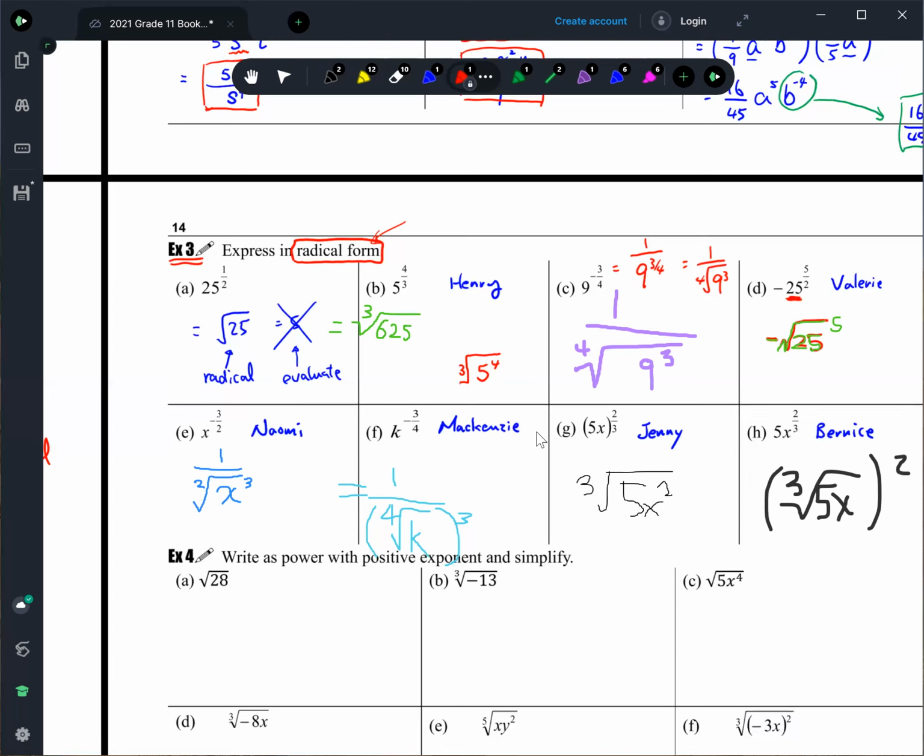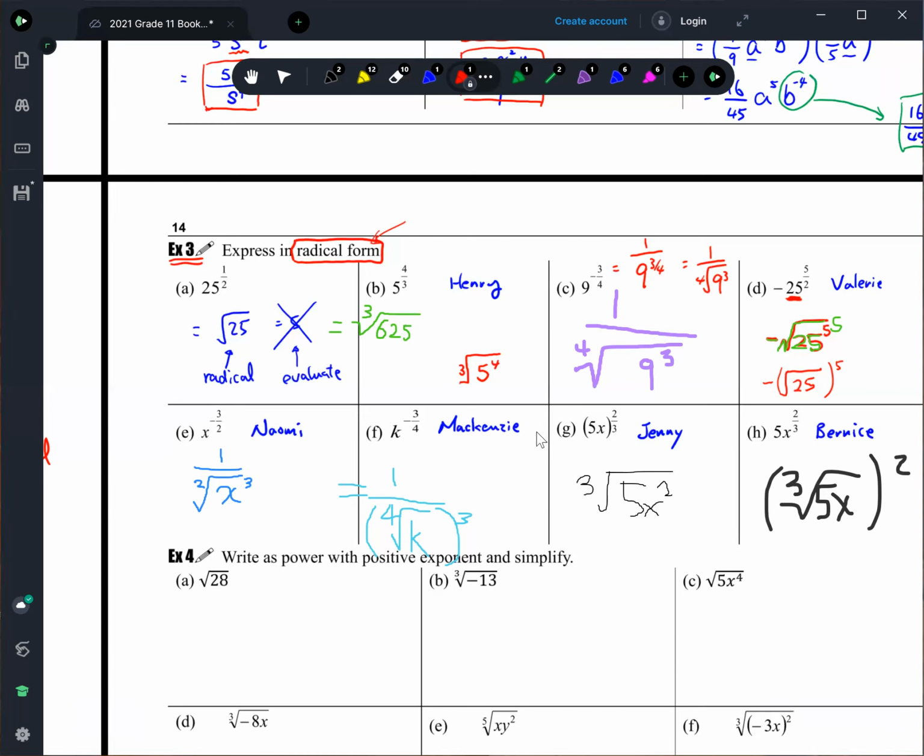The 5, you can put on the inside or the outside, okay? Not in between. Make sure you are clear where you put it. If you put it on the outside, then you better have a bracket, or you can write it like this: bracket 25. Now I know it's on the outside, okay?